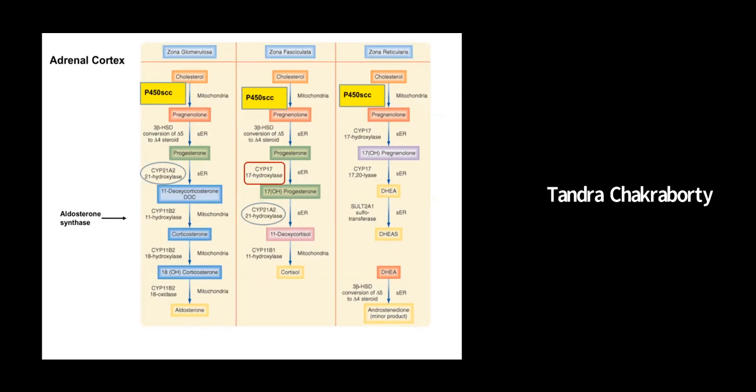Cholesterol is the starting material for all the three hormones that are produced by these tissues, but the enzymes that are available on those different tissue layers are different. As a result, the production of different hormones is at the different layers of the adrenal cortex.